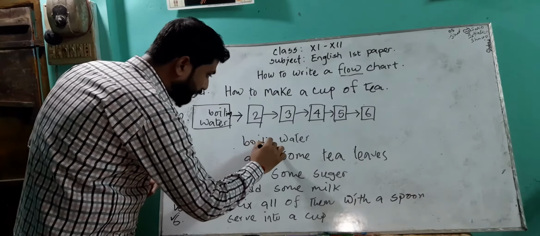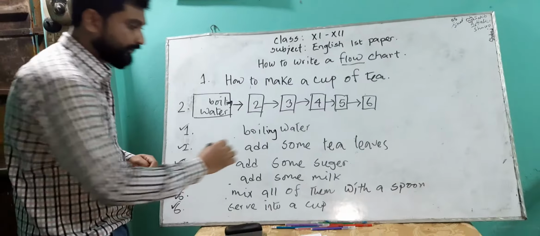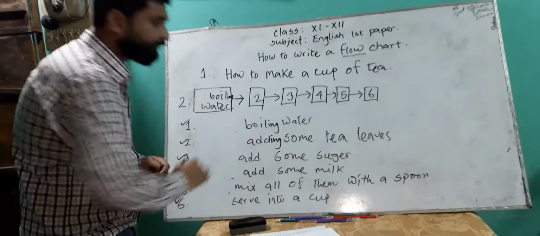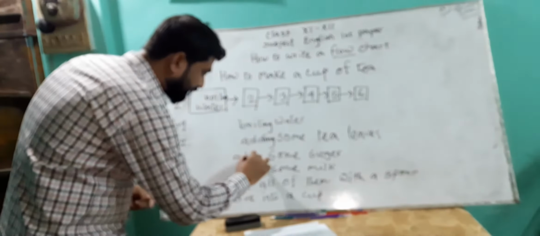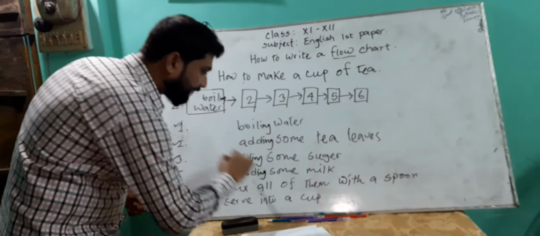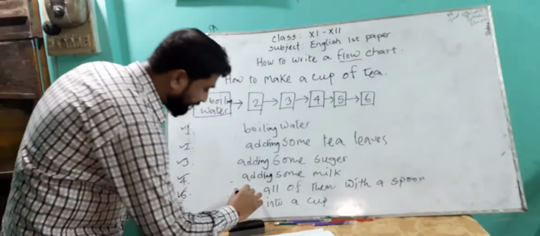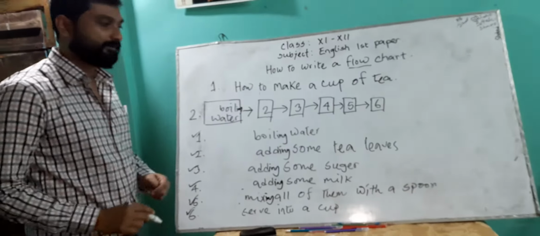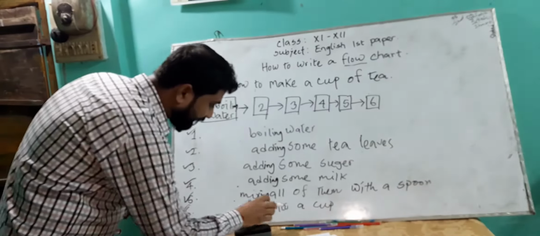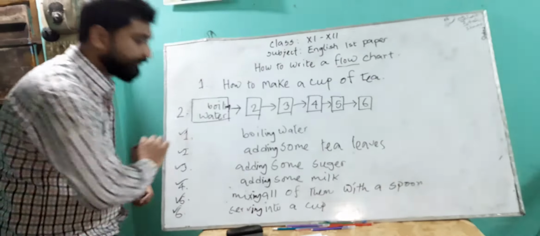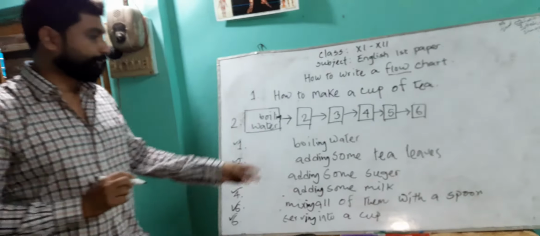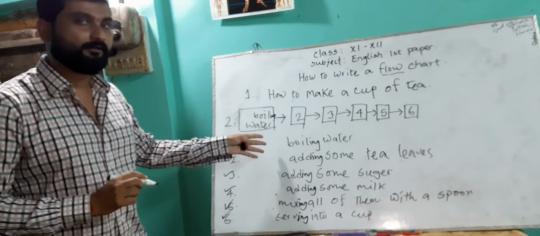That means boiling water, adding some tea leaves, adding some sugar, adding some milk, mixing all of them, serving, that means serving into the cup of tea. So that is the gerund or present participle.